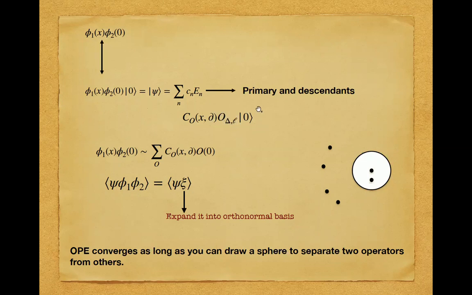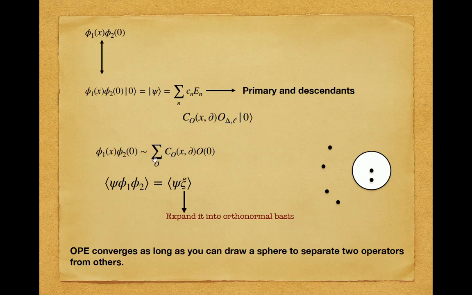But then these particular states are nothing but some operator which is inserted at the origin. So because of the state-operator correspondence, we immediately see that the product of two operators can be replaced by a sum of local operators.